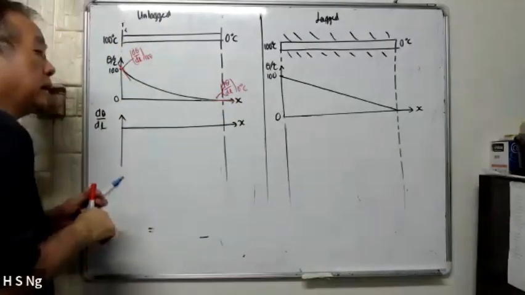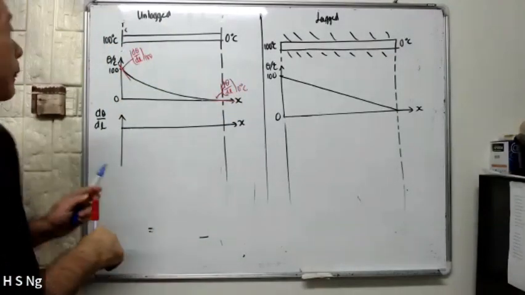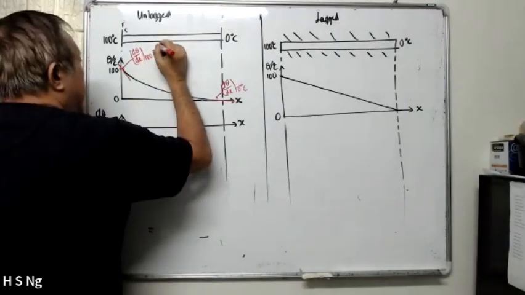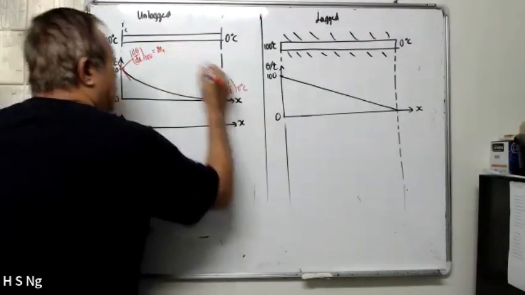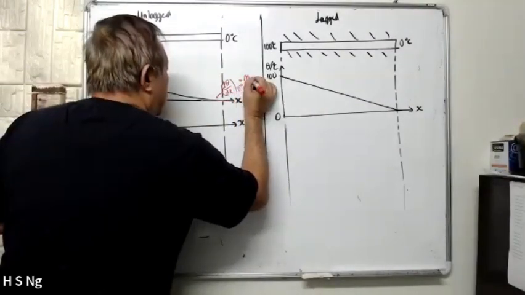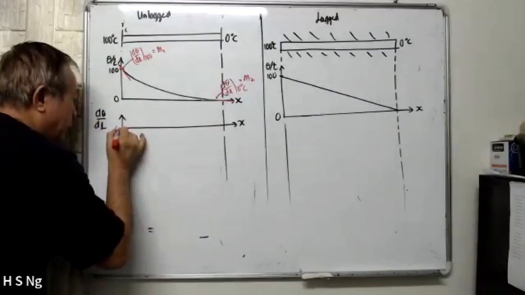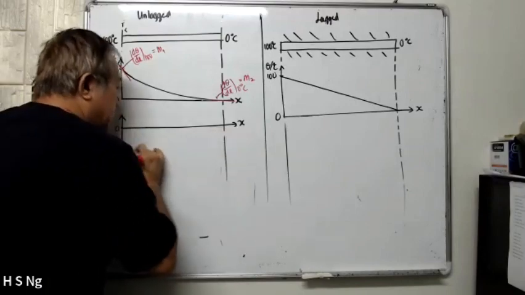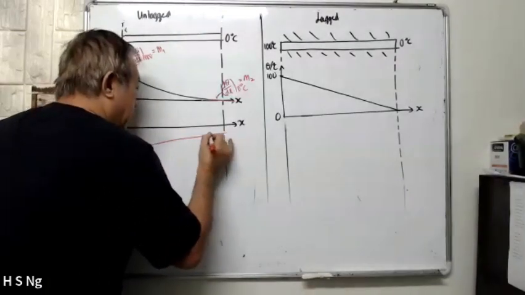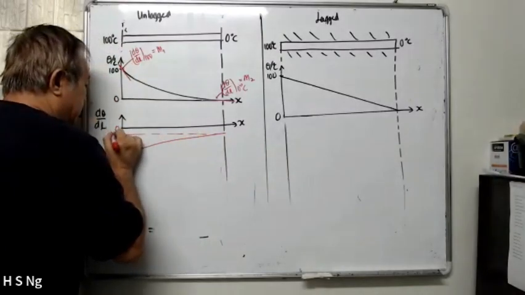This is because there's heat loss. Let me put this as M1, and this M2, then your M1 will be here, and your M2 possibly will be somewhere here.